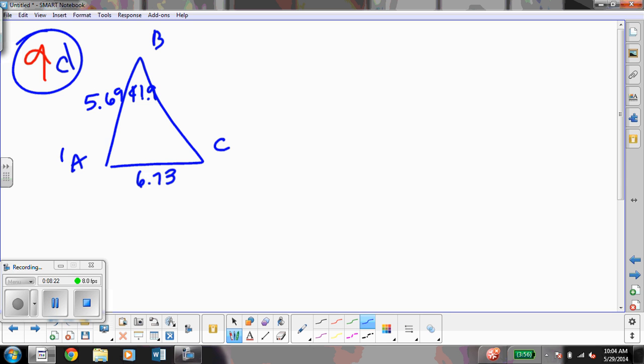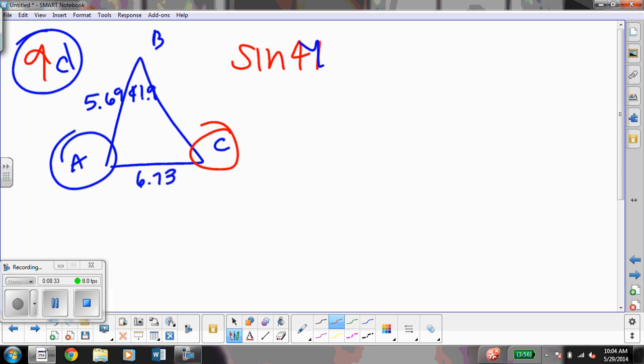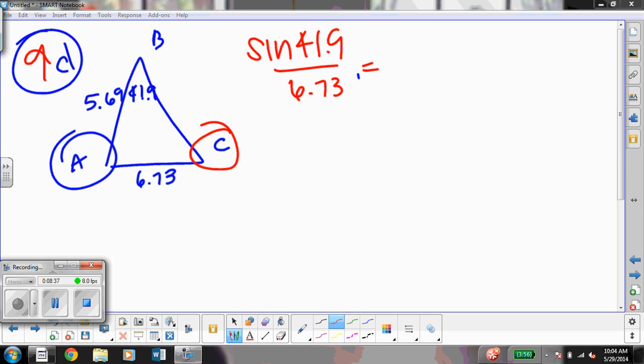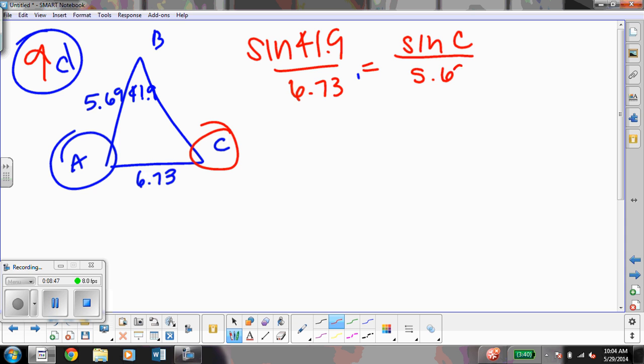And I want to find the value of A. Again, to find the value of A, it'll be easiest to find the value of C and subtract from 180. So I can apply the law of sines here. The sine of 41.9 over 6.73 will equal the sine of C over 5.69. And I'll multiply both sides by 5.69.